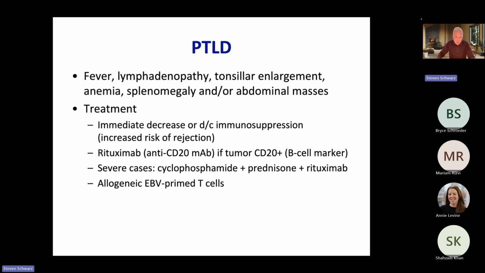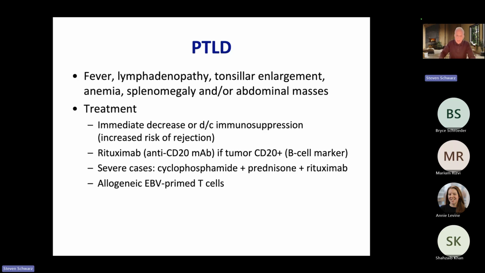But it's a double-edged sword. At the same time, you may be effectively reawakening your memory cells to kill the EBV-infected cells. It also would increase your risk of rejection. One can also use specific chemotherapeutic agents like rituximab, which is a B cell monoclonal antibody.